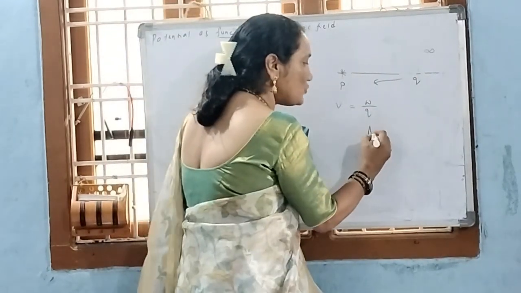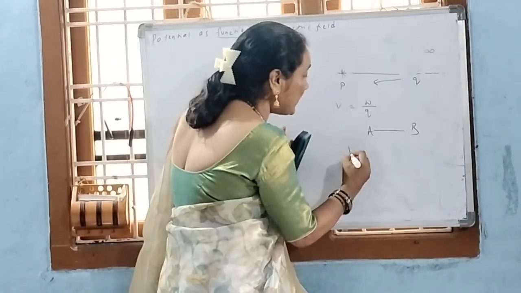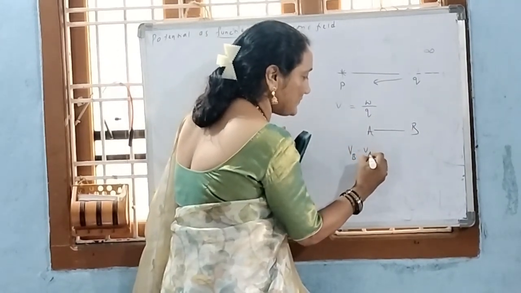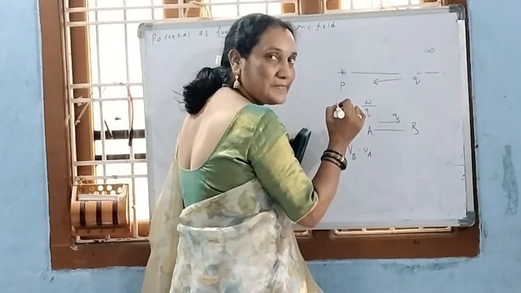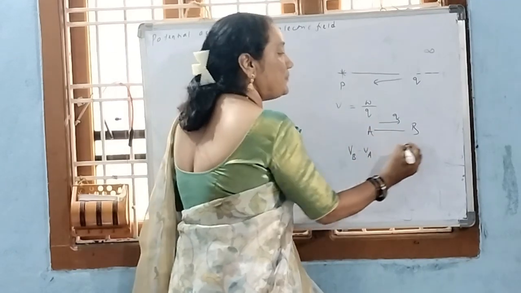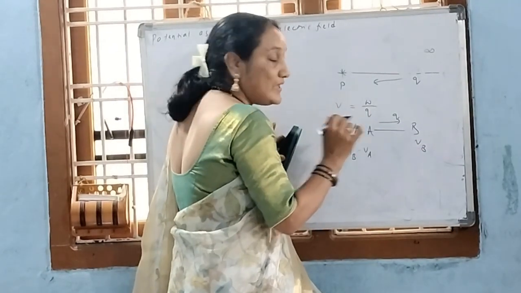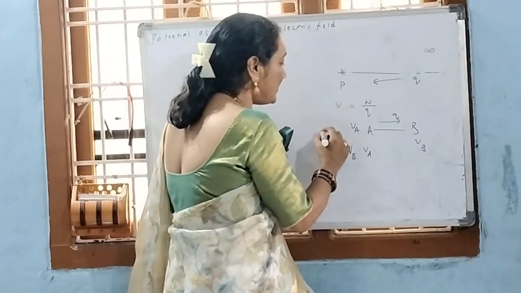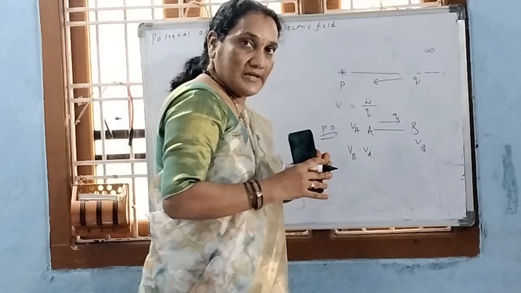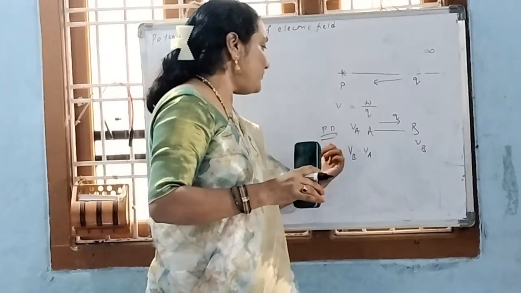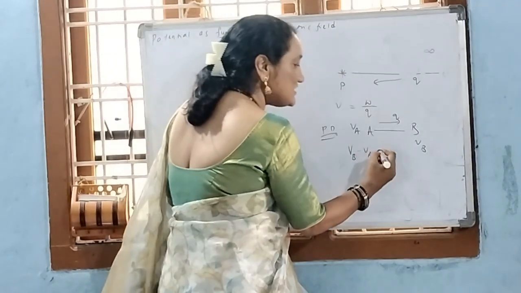Similarly, if we take any two points A and B, then we define this as potential difference. We have to move the charge from A to B, so the potential at B is VB and at A is VA. It is the correct method to define electric potential in terms of potential difference only.